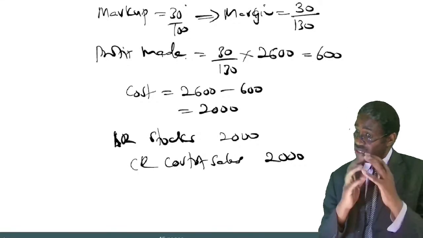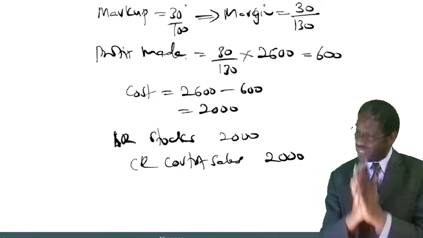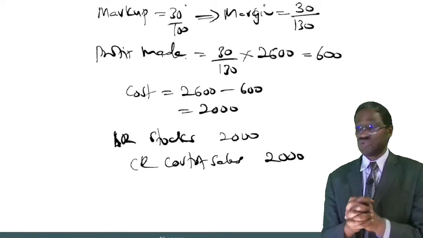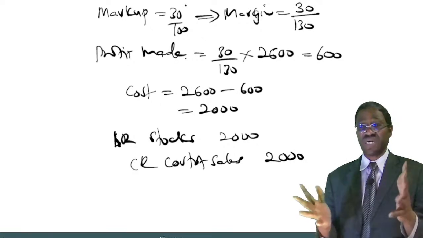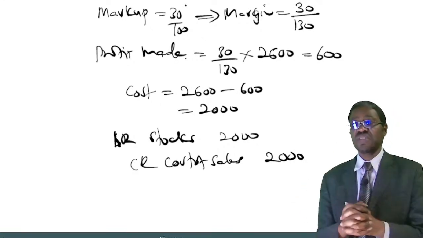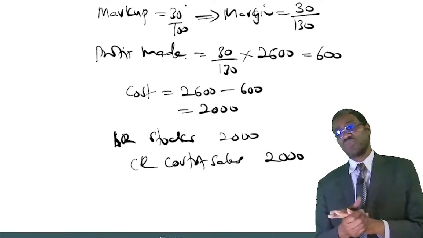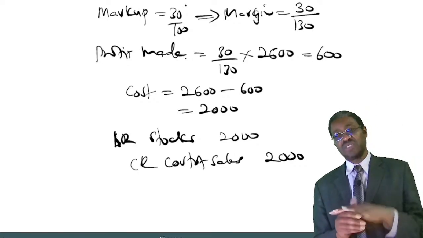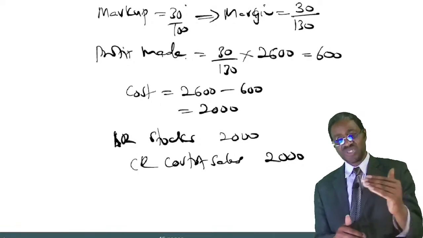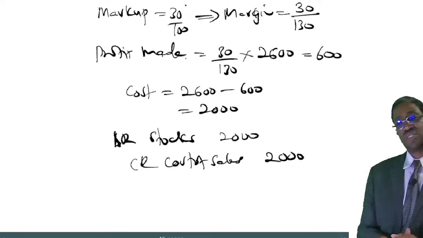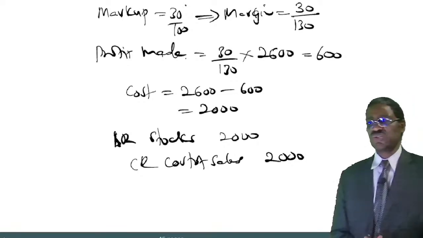Remember, this guy has sold the goods, but they are with the customers. He can return them anytime. So the ones in your store are undercosted. So what is the effect? We are trying to correct the effect of closing stock being undercosted. The stock is less, you increase it. Your cost of sales is more, you reduce it. Good. So that's what we shall do.